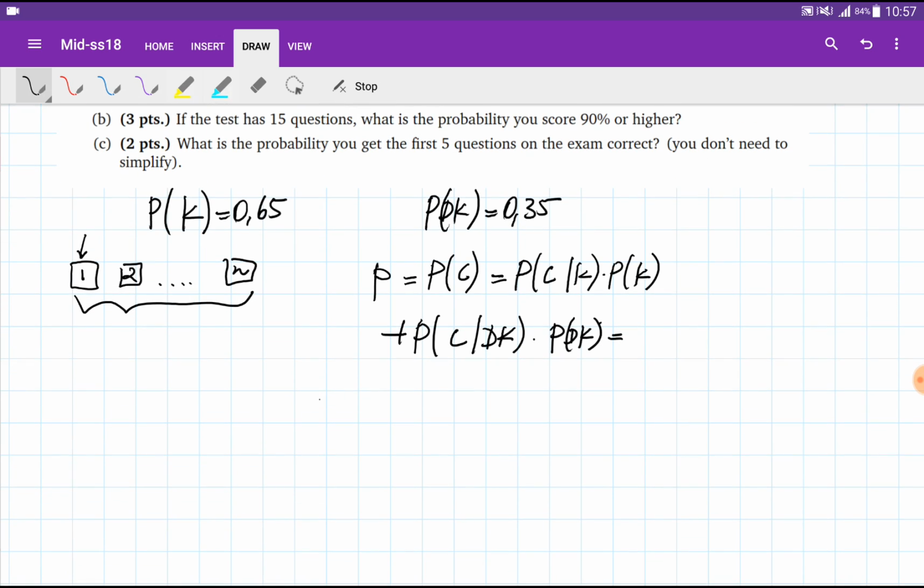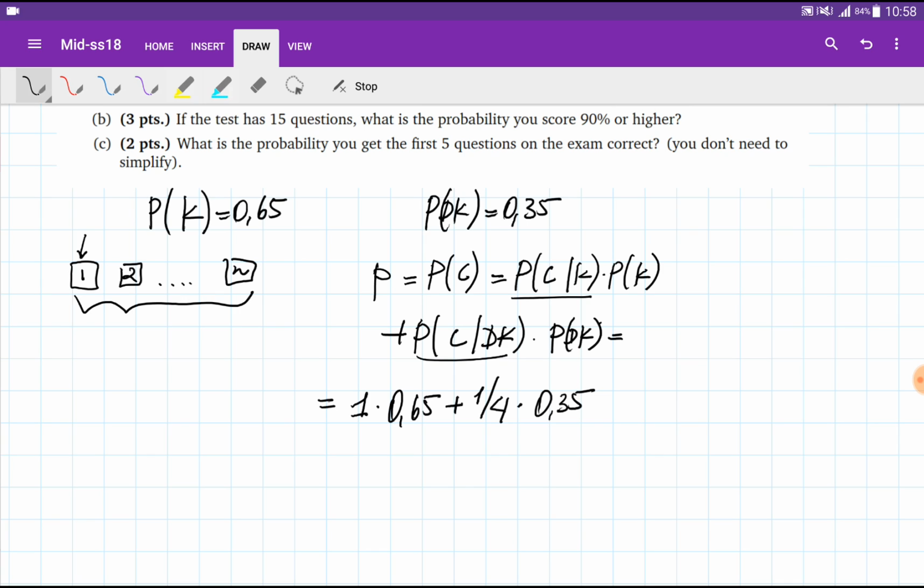So this is equal to the probability of answering correctly to a known question, which is 1, multiplied by the probability of knowing the answer, 0.65, plus the probability of answering correctly where the student doesn't know the answer, which is 1 over 4, because there are 4 options, multiplied by the probability of not knowing the answer, which is 0.35, right?